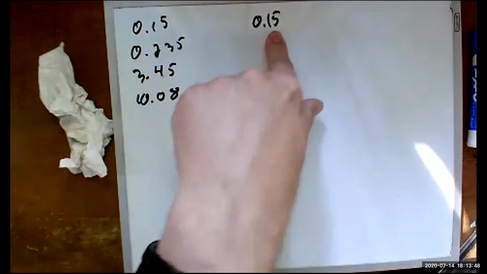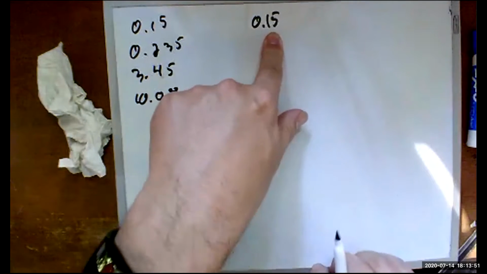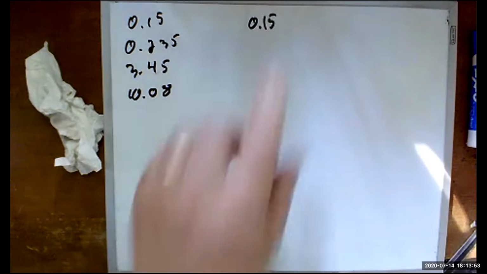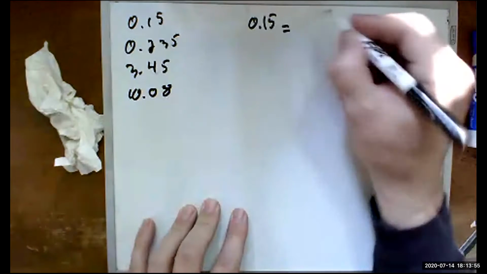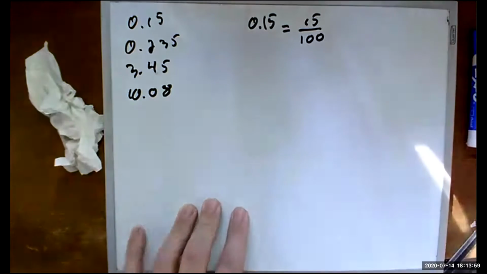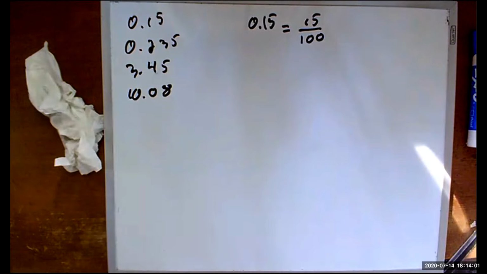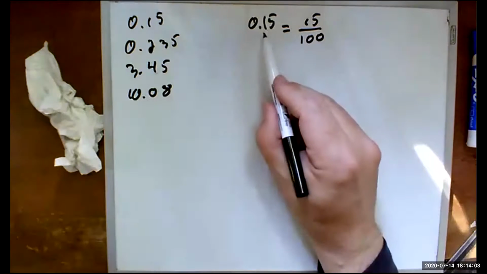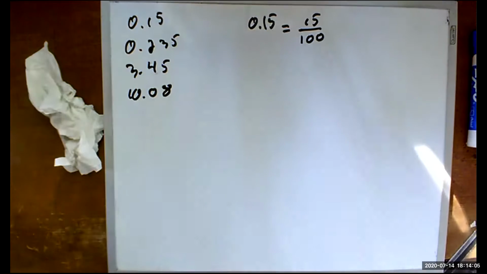0.15. We start off by noting that it has 2 decimal places. Because it has 2 decimal places, I'm going to put it over a 1 followed by 2 zeros. 2 decimal places, 2 zeros.